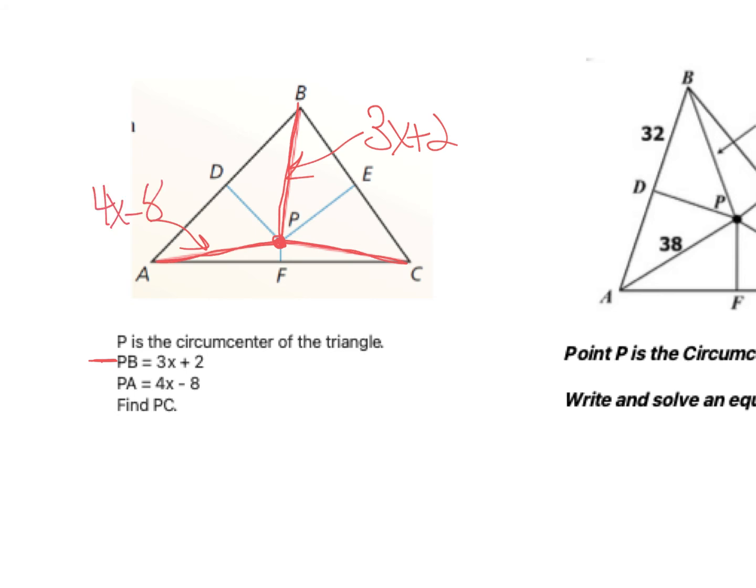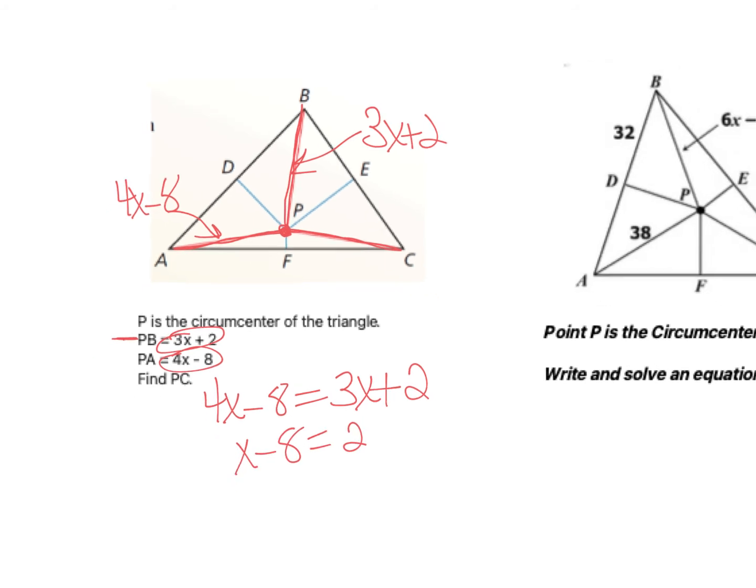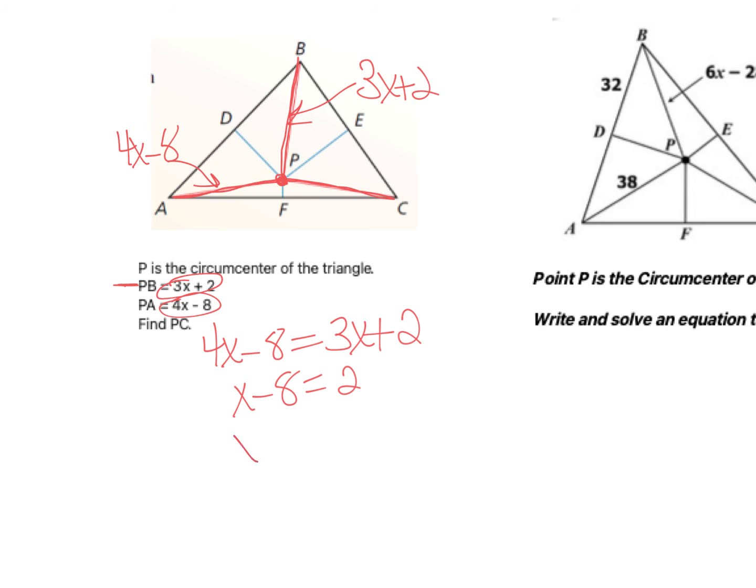We can easily find PC, because all three have to be the same. But in order to find what PC is, I need to figure out what one of the other two is. I know they're the same length, so I know that these two are equal to each other. So 4x minus 8 equals 3x plus 2. If I subtract 3x from both sides, I get x minus 8 equals 2. Then if I add 8 to both sides, I get x equals 10. Notice none of the side lengths are 10; that's what x is.